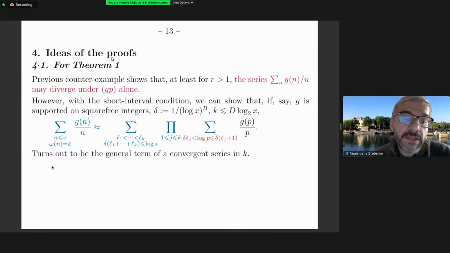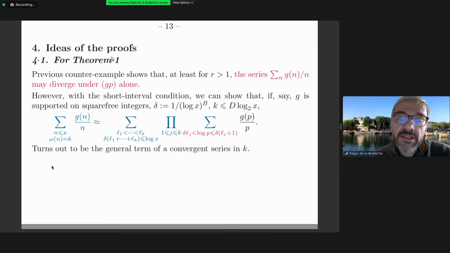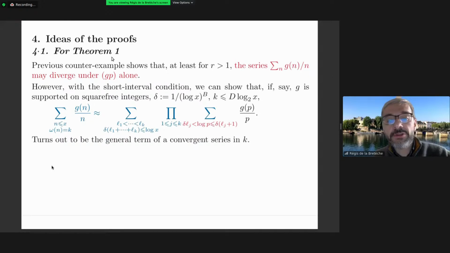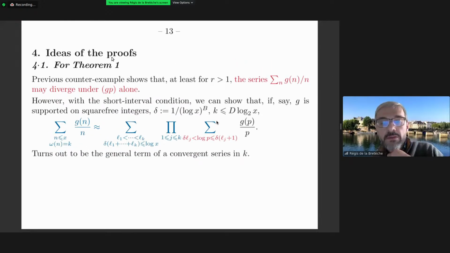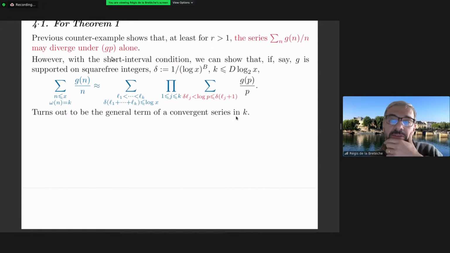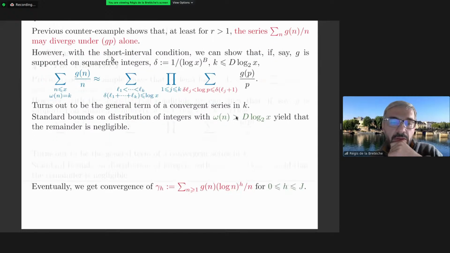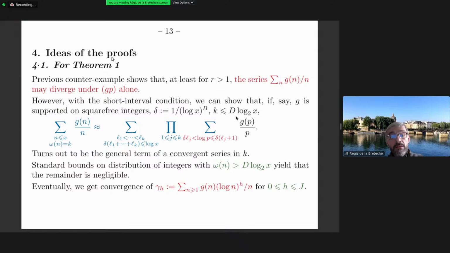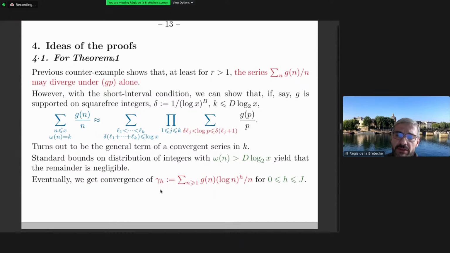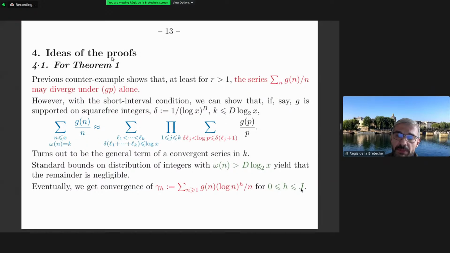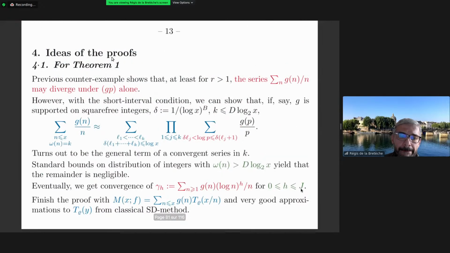This summation turned out to be the general term of a convergent series in K. So we can easily bound the tail of the series when K is larger than a constant times log X. So we get the convergence of a gamma H constant, when H is less than capital J. And we can finish the proof using a convolution argument.